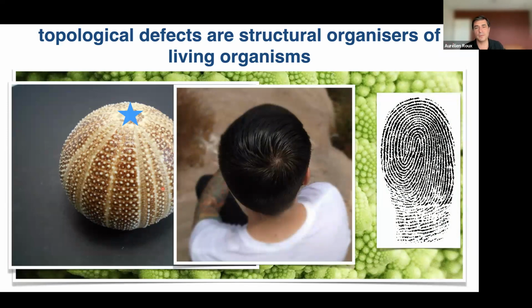It's a bit more subtle, but you probably know that on your head you have a defect connecting your hair, and on your fingerprints. Essentially those defects are linked to several aspects of the body plan. One of them is topology: just because you are functionally speaking a sphere, you will necessarily have two defects, like you have on any sphere, and in other places you have order.